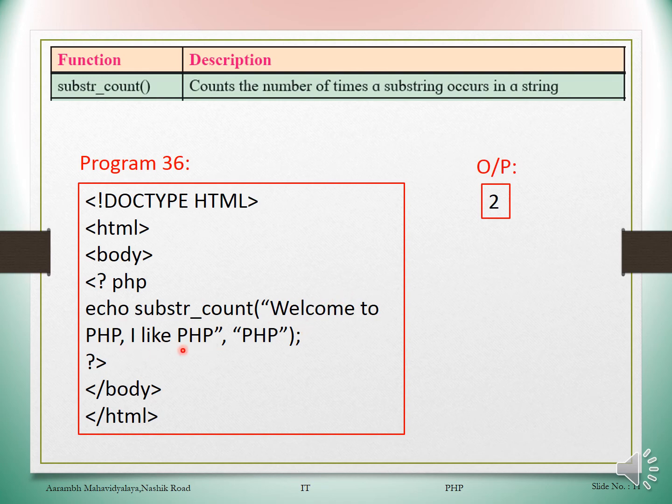This is our provided string, and the substring to count is PHP. That means we have to find the word PHP in the provided string. Here we can just count that this is the first PHP and this is the second PHP. Therefore PHP occurs 2 times in the provided string, so the output is 2.